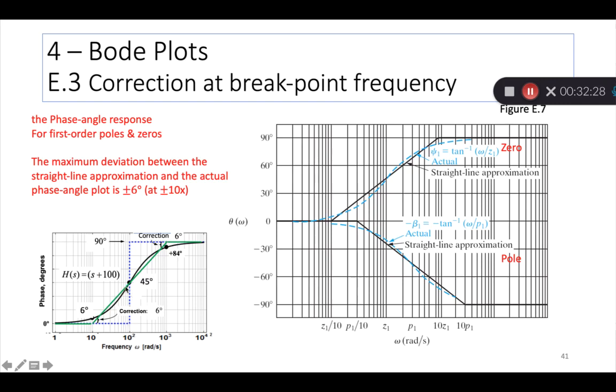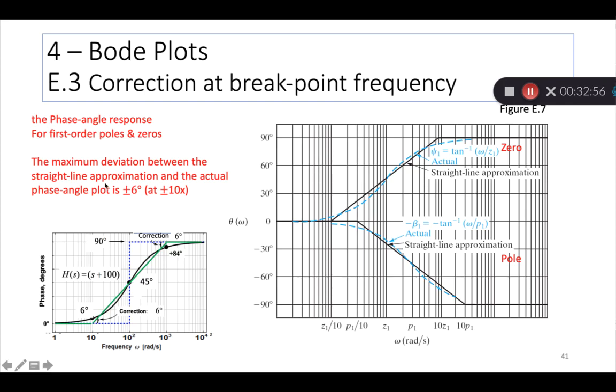So that's the green. Now we draw the actual shape of the curve, and you can see that the actual shape is twisted. It's like a sine wave around this particular zero point, right? So that's the actual shape. Here on the right side, the textbook gives us some more rules about how to apply corrections.